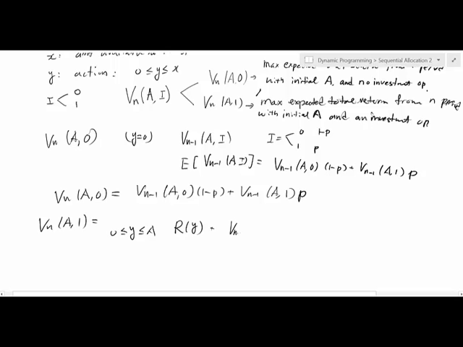It's Vn minus 1, but now we have only A minus y left. Tomorrow, if you don't have an investment chance, that's Vn minus 1 (A minus y, 0) with probability 1 minus p. If you do, it's Vn minus 1 (A minus y, 1) with probability p.